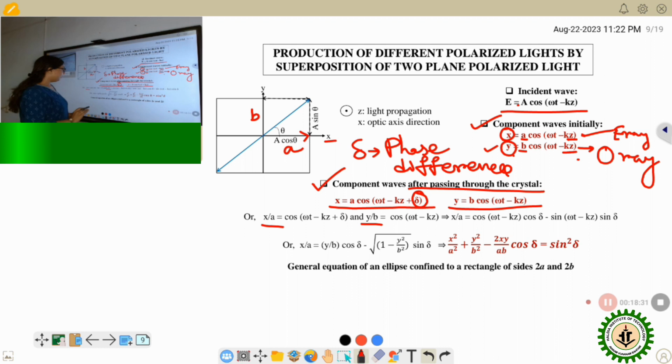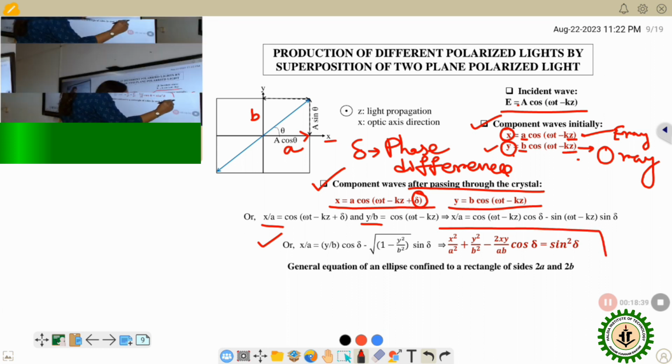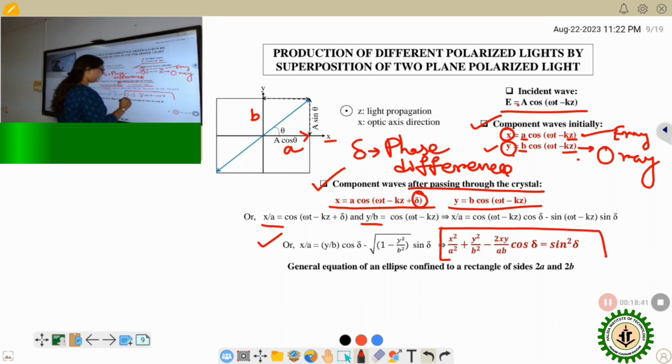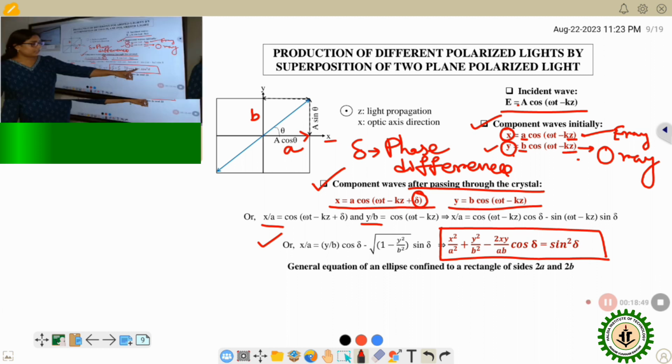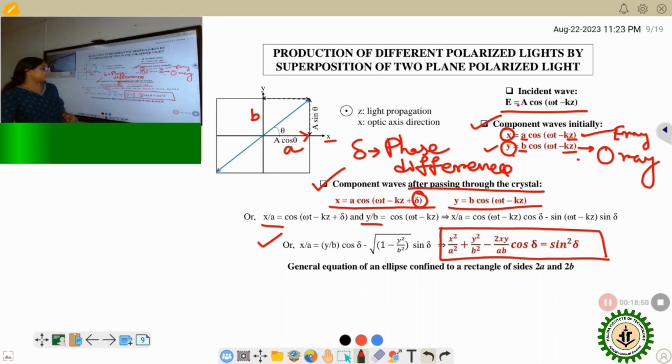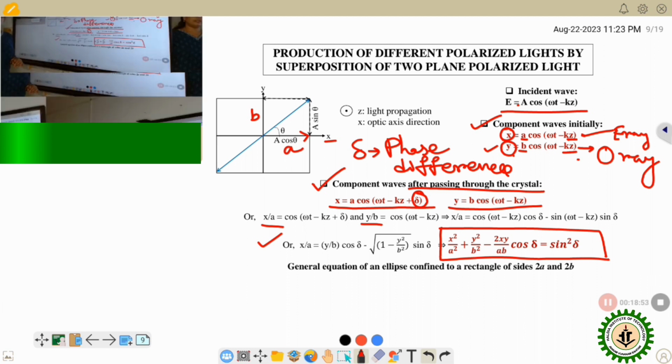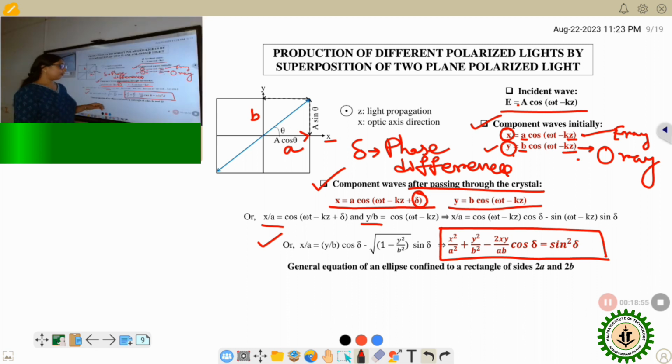After some algebraic as well as trigonometric manipulation, we get the equation x square by a square plus y square by b square minus 2xy by ab cos delta equal to sin square delta, which is the general equation of an ellipse confined to a rectangle of sides 2a and 2b.